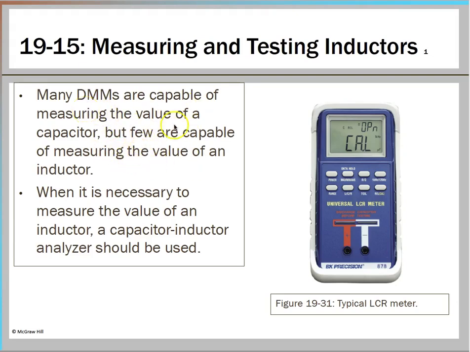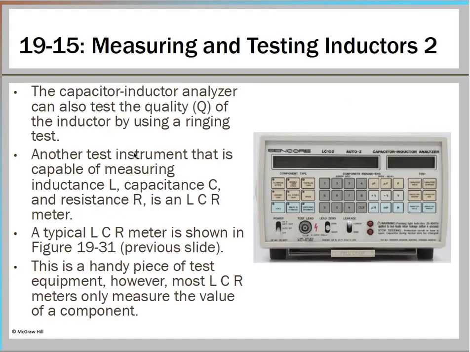You can search online and see what different types of DMMs allow you to measure inductors. The other device you can use is the capacitor inductor analyzer, which is also there in the lab. Using this device you can measure the value of an inductor. Another test instrument capable of measuring inductors is the LCR meter, which I've shown you previously.